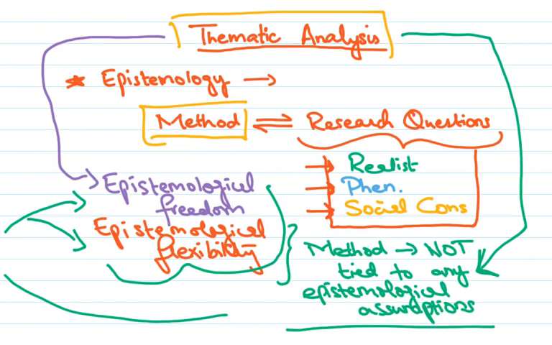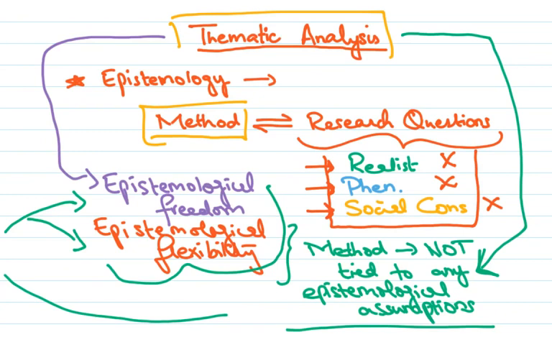Now, what does that mean? Does that mean that if you do research using thematic analysis, your research does not fall into any of these three categories? That the research will not be realist, it will not be phenomenological, or it will not be social constructionist? Do you think that is what it means? Let me repeat the question.